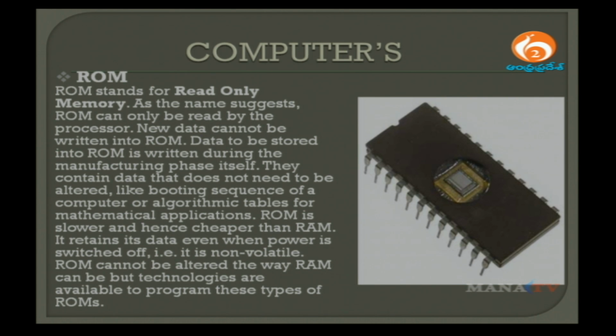Now, when I speak about ROM, I just want you to remember some important things about your body. When you are born, obviously you have 10 fingers, 2 eyes, 1 nose, 1 mouth, 2 ears, 2 hands, and 2 legs.